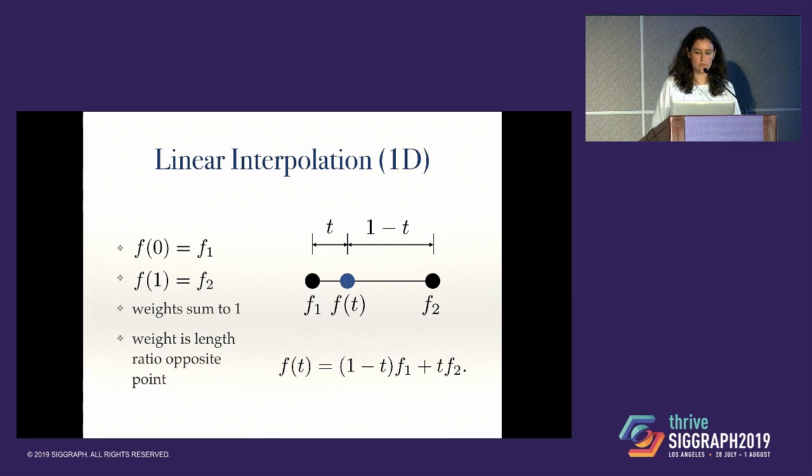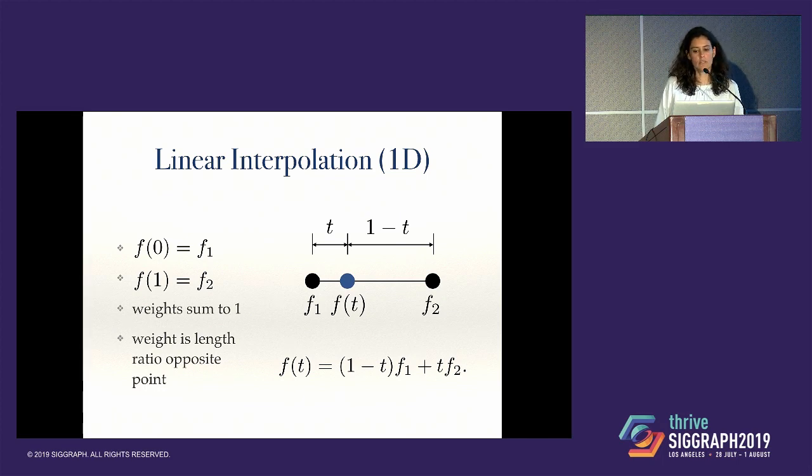Now, what are the weights? Well, t is something that's between 0 and 1. And so the weight on f2 is just going to be t. Now, the weight on f1 is 1 minus t. That's also something between 0 and 1. And specifically, the weight of each point is going to be the length opposite that point. So if you look at f1, the length of the segment opposite f1 is 1 minus t, and that's its weight.